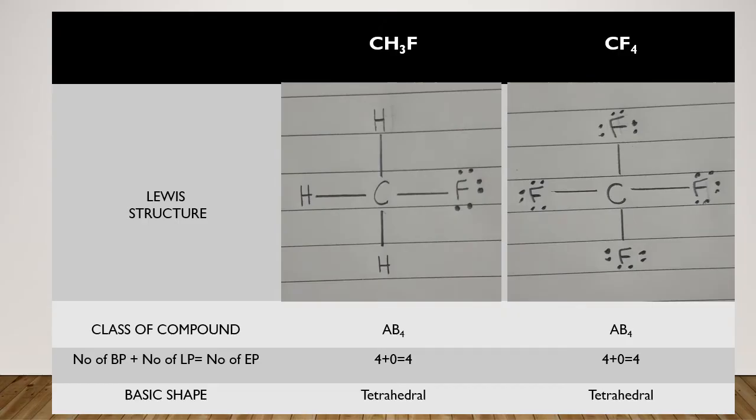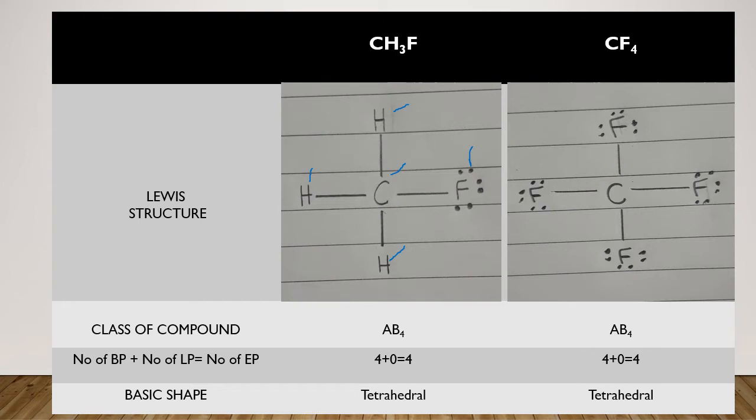For fluoromethane, as you can see, the carbon atom is at the center, with an H atom, H atom, H atom and F. All atoms have completed the octet. And this is the Lewis structure for carbon tetrafluoride.